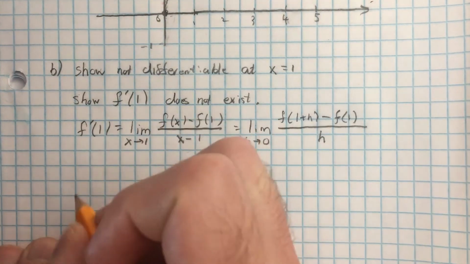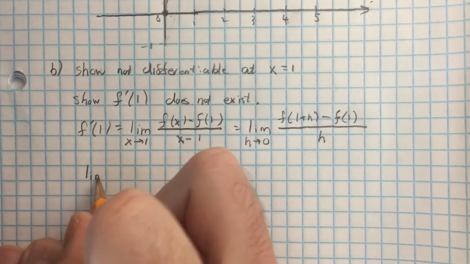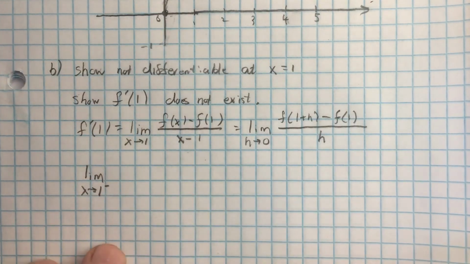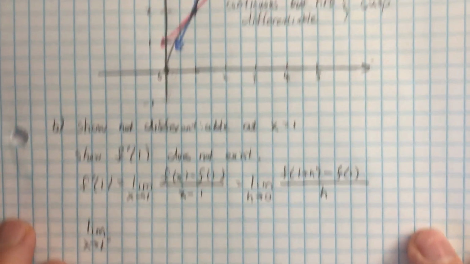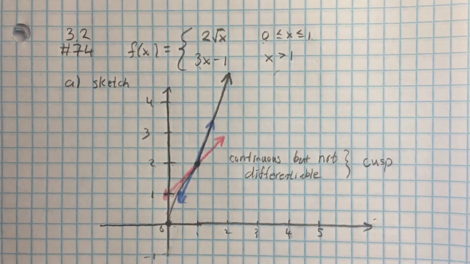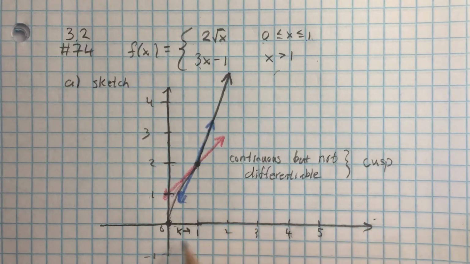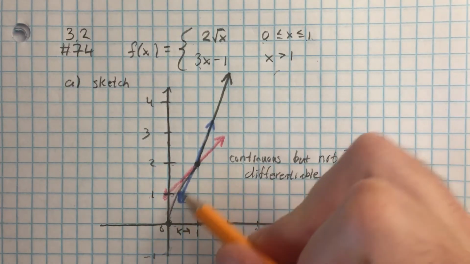So, limit as x approaches 1 from the left. As x approaches 1 from the left, according to the picture or according to the rule, either one, I'm on the 2 root x curve.